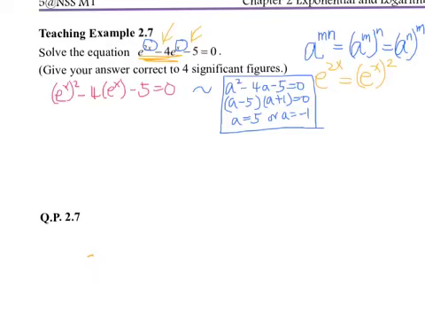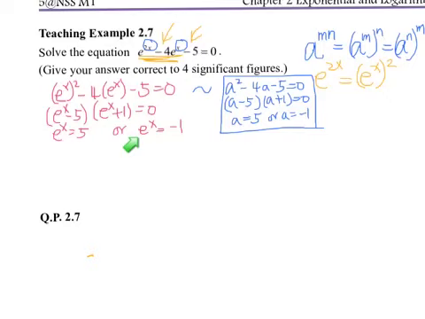Then you will find that it's like, okay, compared to the blue rectangle, a here means e to the power x. Look here. e to the power x equals 5, and then e to the power x equals negative 1. Now, boys and girls, remember e, what is it? It is a positive value.